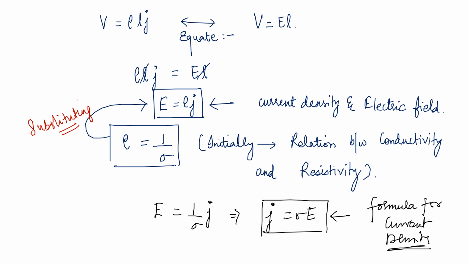Hope you got the class very well this time. This is all about Ohm's law and the relation of various factors with many other factors. We have summarized everything in this class. We have seen the R, V and I relation. We have seen the relation between V, rho and I. We have seen the relation between V and E. We have seen the relation between sigma and conductivity.